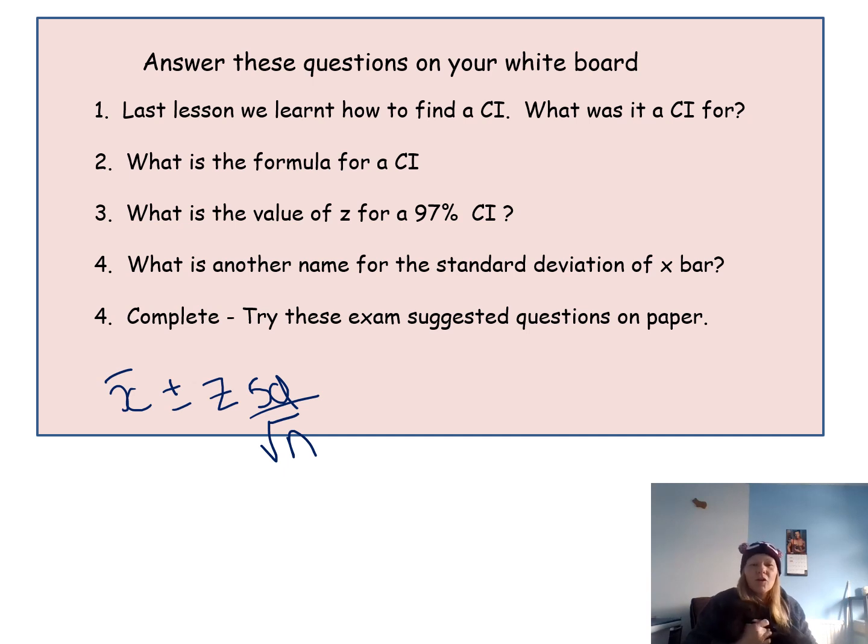Now question 3. What is the value of z for a 97% confidence interval? If you get your calculator, we want to go to statistics mode.